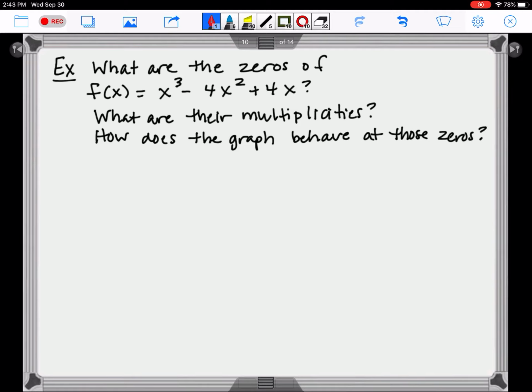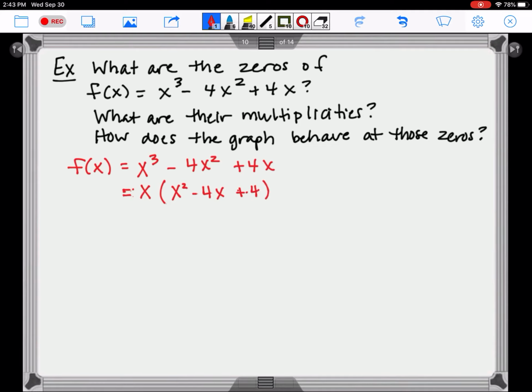It says, what are the zeros, what are their multiplicities, and how does the graph behave at those zeros? All right, so I'm going to take this function, f of x equals x to the 3rd minus 4x squared plus 4x, and I need to factor that polynomial. So I'm going to take out an x, because that is the greatest common factor, and I've got x squared minus 4x plus 4.